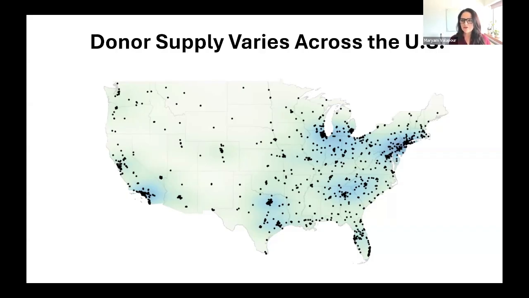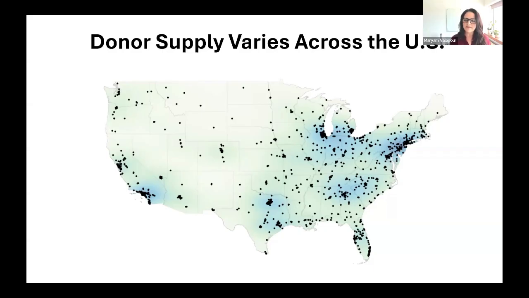The dark blue regions represent areas with higher donor density or donor supply, and the lighter regions represent areas with lower donor density. The black dots represent individual donor hospitals that yielded at least one lung donor over the 1.5 years of the CAS period.